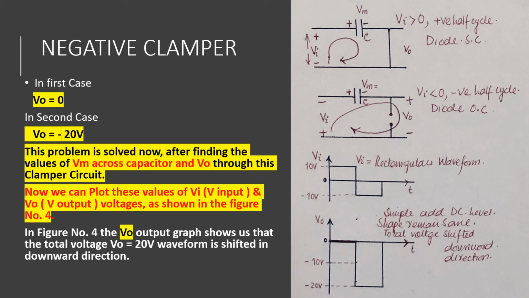Now we can plot the input and output voltages as shown in figure number 4. In figure number 4, the Vout graph shows that the total voltage Vout is equal to 20 volts. The waveform is shifted in the downward direction as shown in the figure.